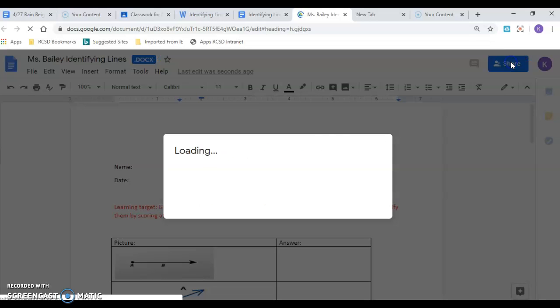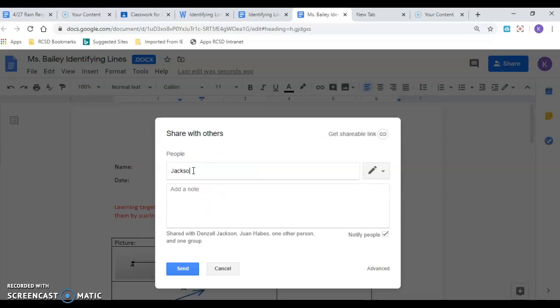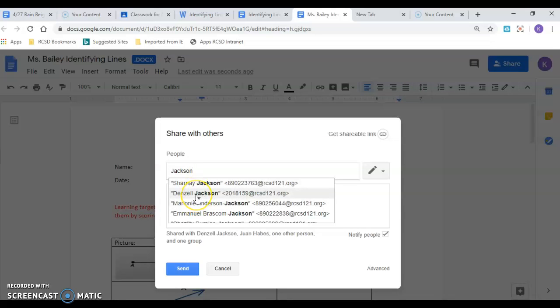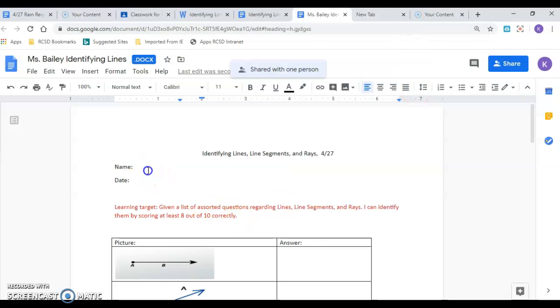So you want to go up here to share, and you want to type in Jackson. See, I know it's showing there already, but okay, Mr. Jackson there. I pick it, and then I just hit send, and it's going to make sure that he gets it. Put my name, Miss Bailey, put the date. Today is /27. If you're doing it another time, that's okay.